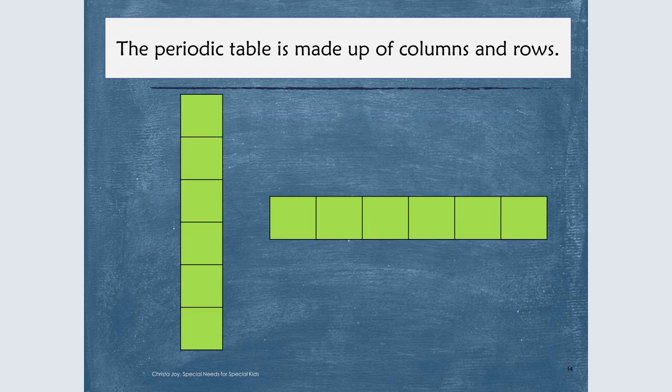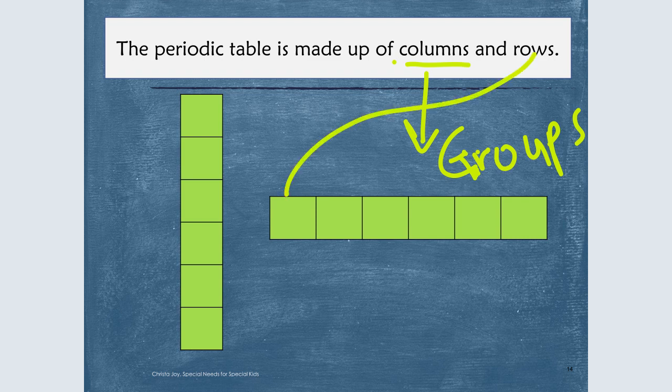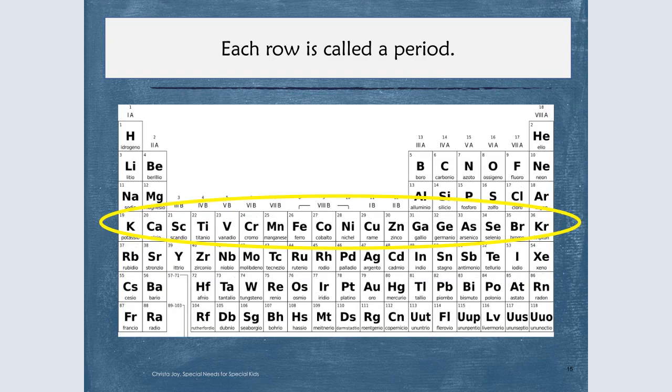So the periodic table is made up of columns we call groups. And rows, which we call periods. So here is a row, and this is in row 1, 2, 3, 4.